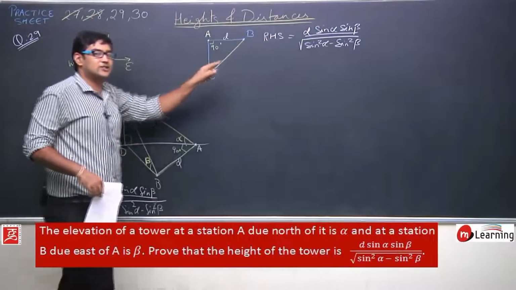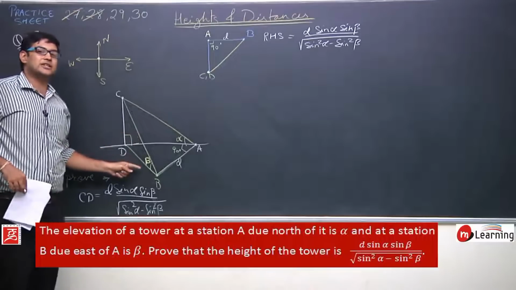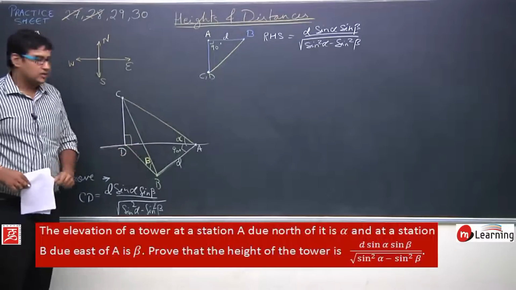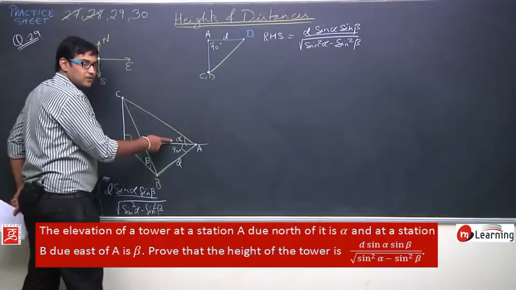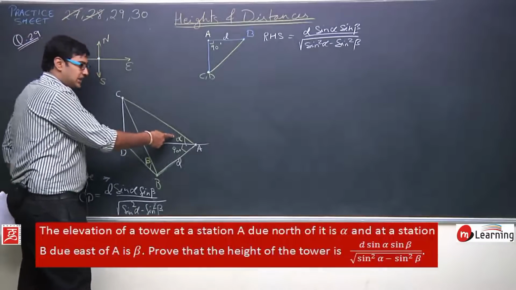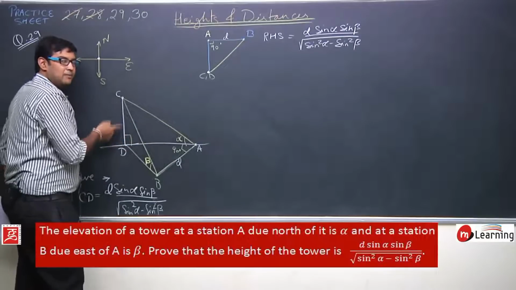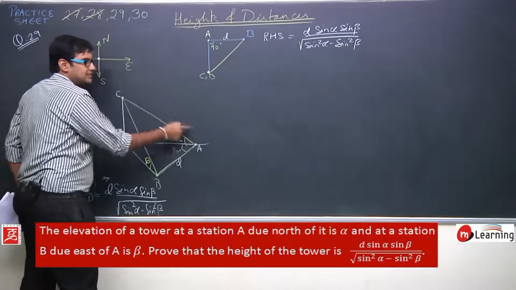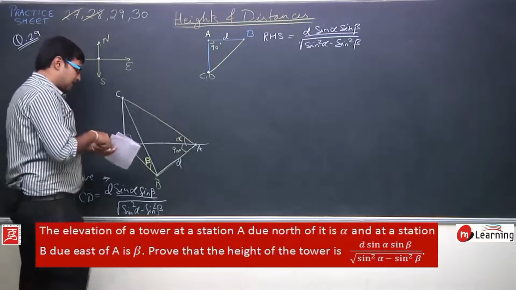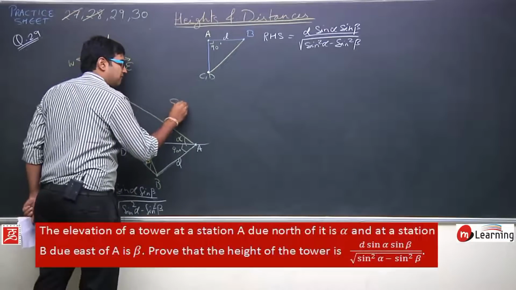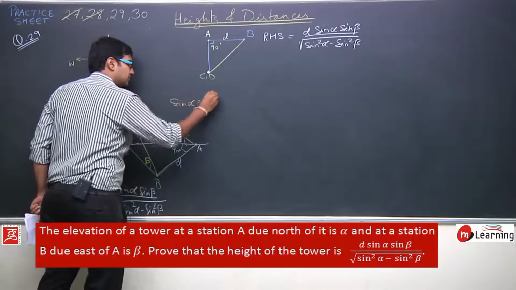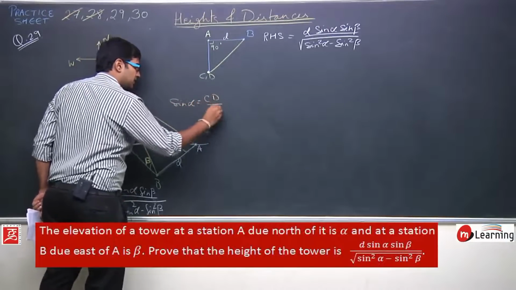So my task is first to determine the value of sine of alpha and sine of beta. What is alpha? This is alpha and it lies in the triangle ACD. So with respect to this alpha, CD represents the perpendicular and AC represents the base. So I can write that sine of angle alpha is equals to CD upon AC.